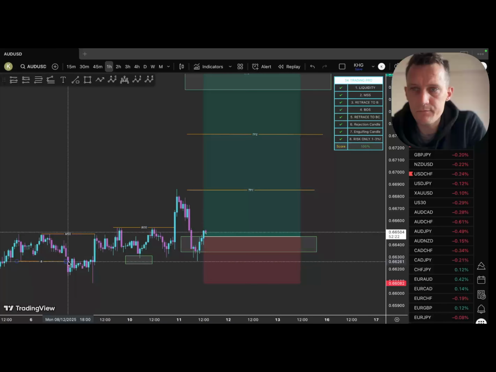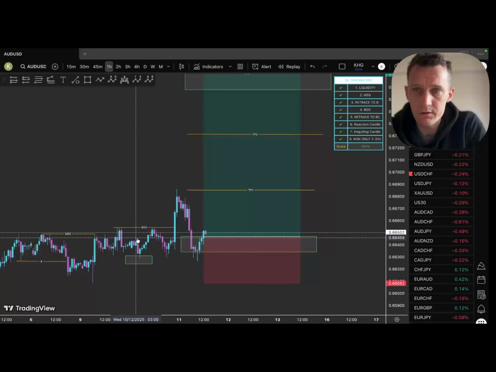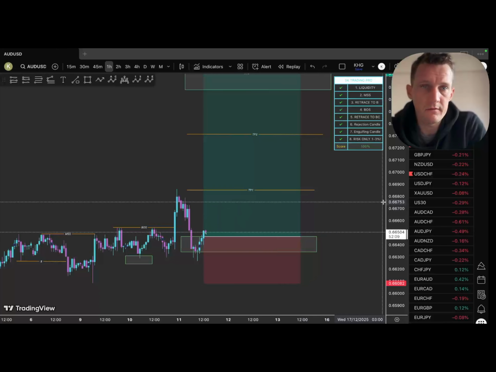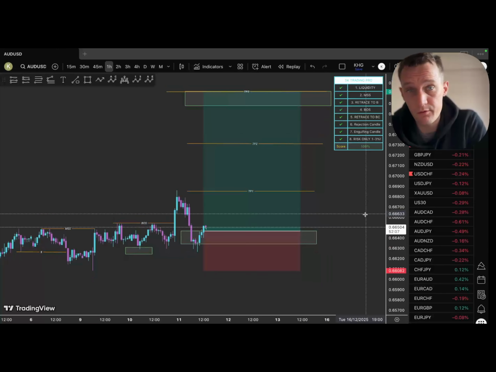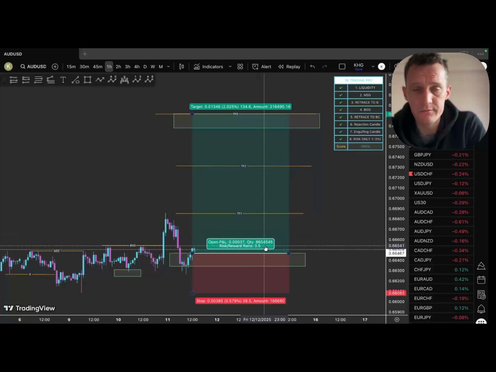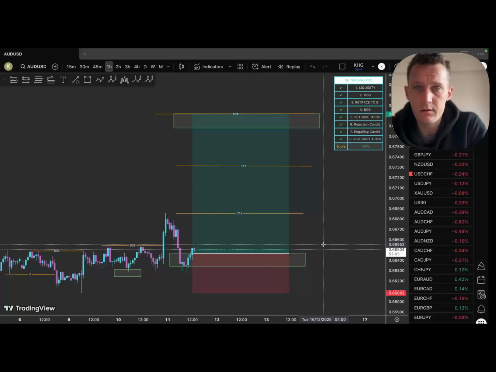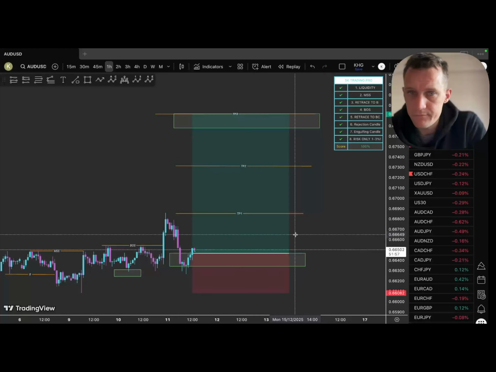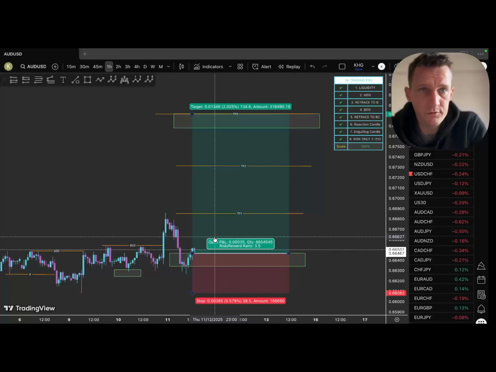There was the liquidity, the lower low, and the higher high with the body close, and then the break of structure here. And yeah, I'm in for a 1 to 3.5 trade. So if I lose, I lose a percent. If I win, I make 3.5%. So I'm looking forward to this trade.